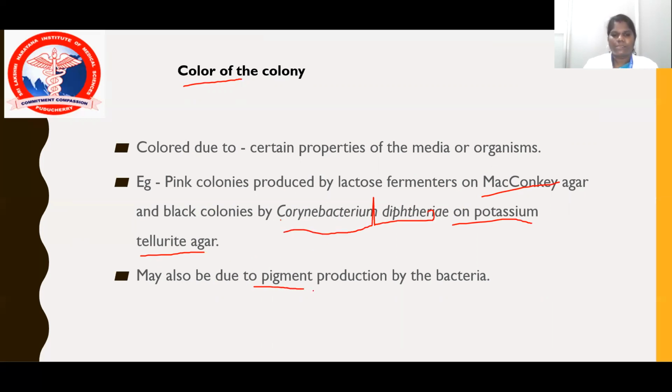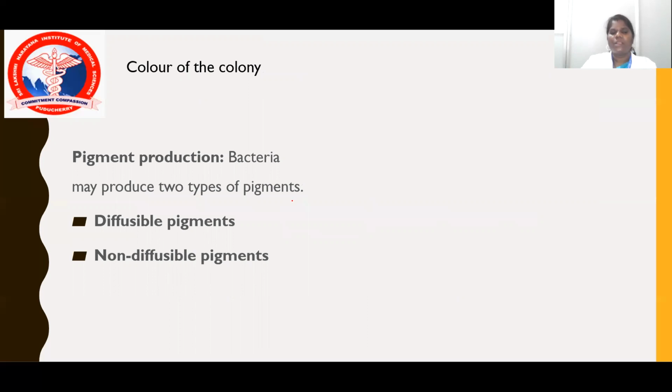The second thing is pigment production by the bacteria. Based on pigment production also, we can have a preliminary identification. The bacteria will produce a pigment that is either diffusible or non-diffusible. Diffusible means the pigment produced by the bacteria will diffuse into the media. If it is non-diffusible, the pigment produced by the organism will not diffuse into the media.